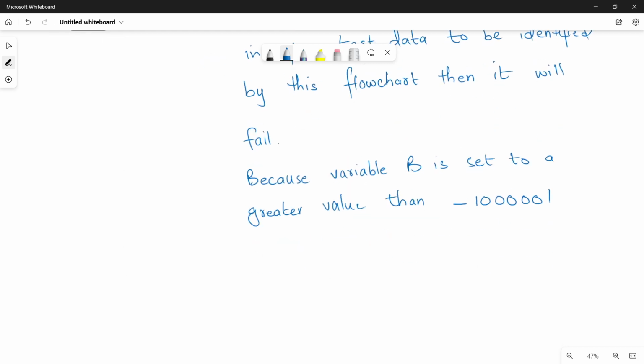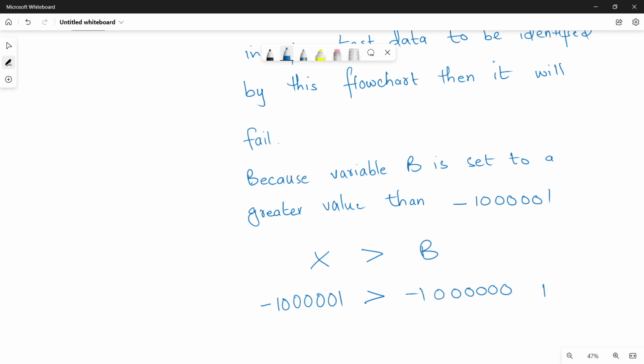Or to make it more clear, you can simply write x. When x is checked for this condition, x greater than b, and the value of x is minus 100,001, which is your largest test data value, it is not going to be greater than minus 100,000, which is the initial value set in variable b.